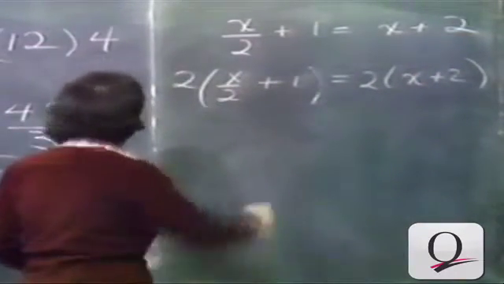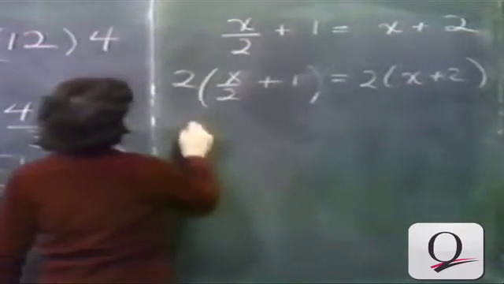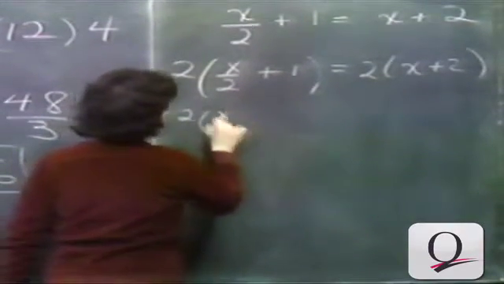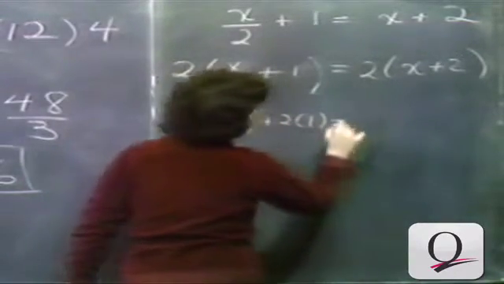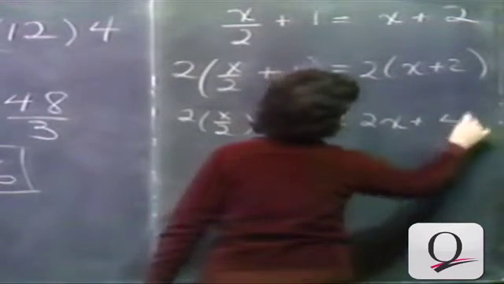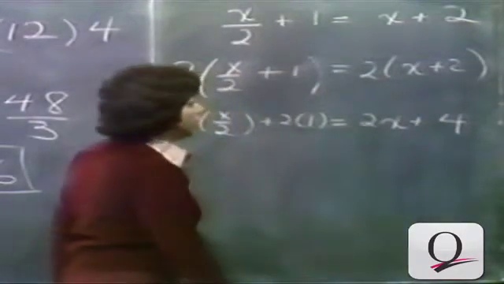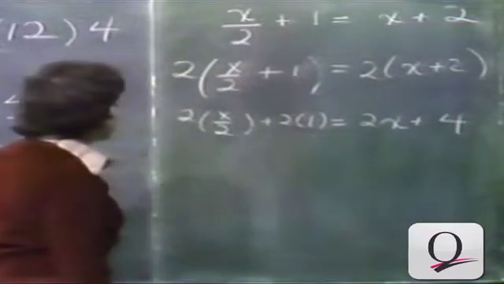Now, when you're multiplying the left side here by 2, don't forget the distributive law. It's 2 times x over 2 plus 2 times 1 equals 2 times x plus 2 times 2, or 4. It's 2x plus 4, using the distributive law.